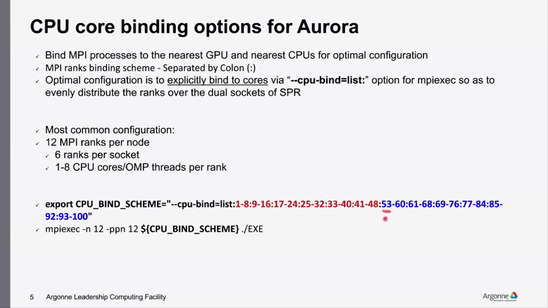You notice that we start with 1 here instead of 0, as I mentioned previously, because we reserve the first core in the sockets for system processes. This is a common configuration that's used most often, where you bind 12 MPI ranks per node, 6 per socket, where each one of those ranks is also going to bind to one of the tiles on the GPU.